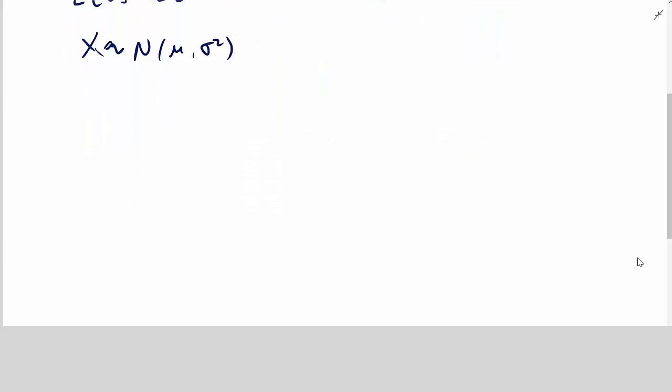So we're going to say that a vector Z is a standard multivariate normal if its density satisfies 2 pi to the minus n over 2, the multivariate density, e to the negative norm of Z squared over 2.